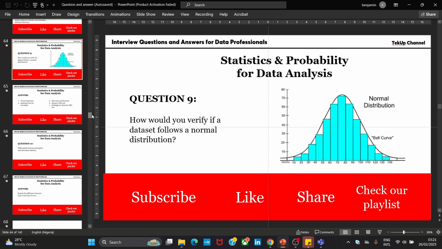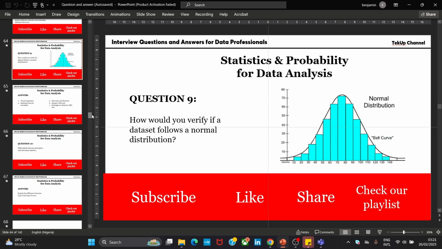Plotting a histogram shows us if a data set follows a normal distribution, because using a histogram we can actually determine if our data set is skewed or not.